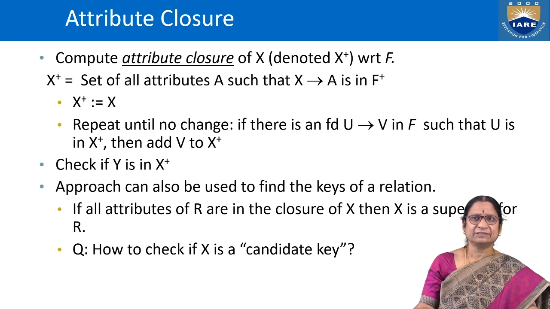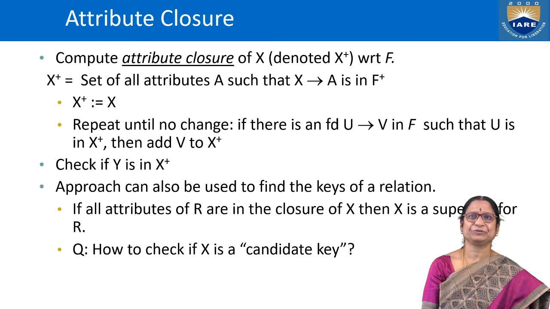Then, repeatedly until no change occurs, we find FDs U determines V in F such that U is already there in X plus, and then V will also be added to X plus by union. If U is already there in the attribute closure, then V, the determinant, will be added to our attribute closure.